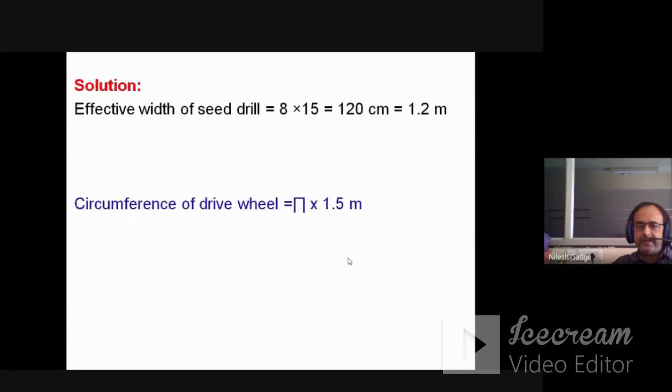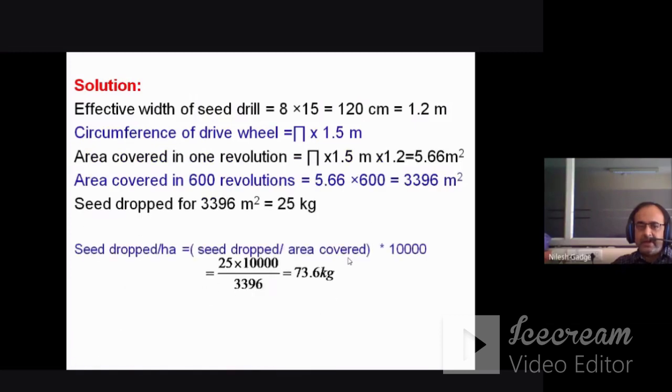Our area is in meters square. 3,396 is in meters square, so it should be divided by 10,000. When it is divided by 10,000, the whole thing is multiplied by 10,000. That's why 25 divided by 3,396 multiplied by 10,000 comes out to be 73.6 kg.